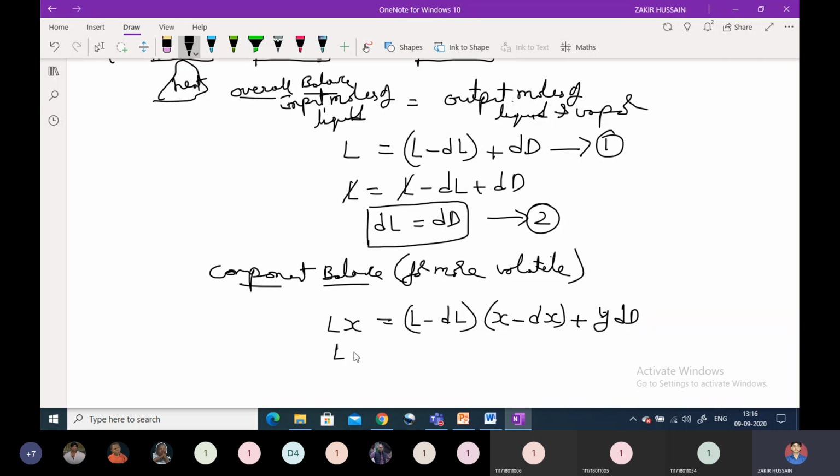So now let's expand this one. Lx is equal to L into X minus L into dx, then minus X into dL, then plus dx dL, and the left out is Y into dD.